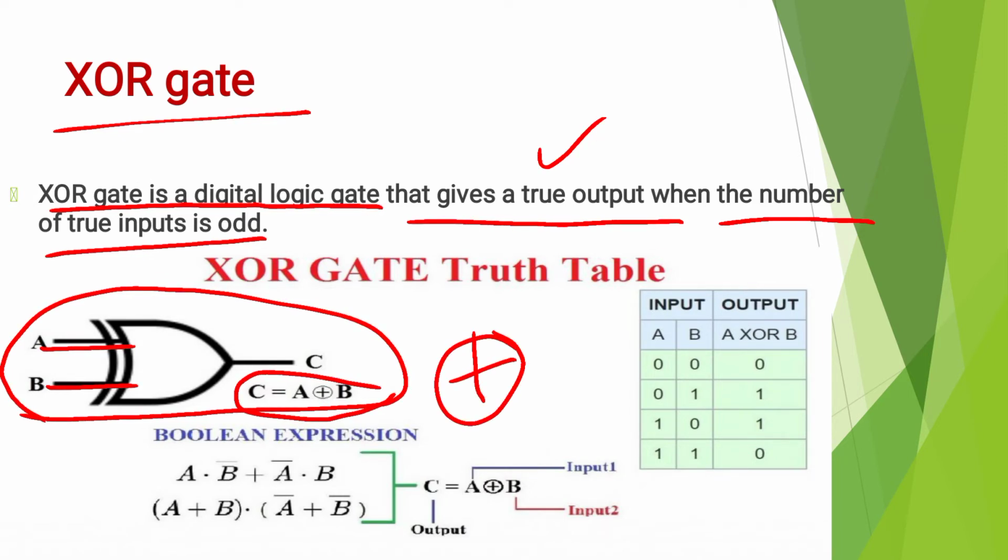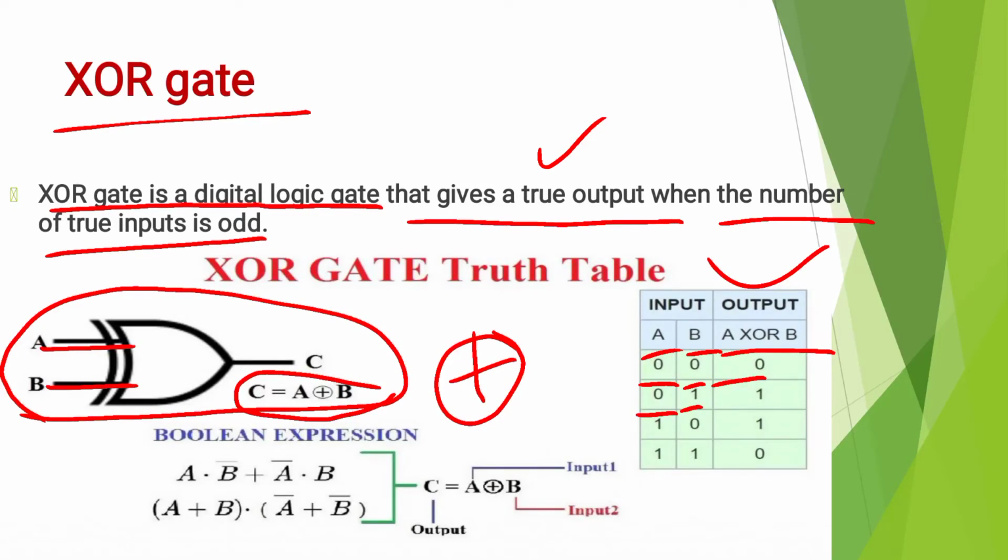This is the symbol for XOR operation. Okay. Let us see here the truth table. Here A, B are the inputs and output is A XOR B. If we give the two inputs as zeros, 0 0 means we have an even number of ones. There is no one, so even number of ones we have. Then the output will become 0. Here observe 0 1.